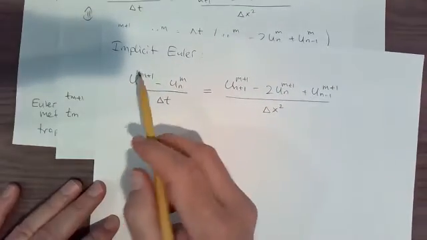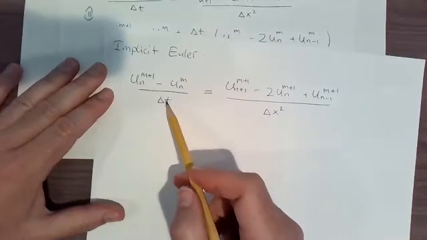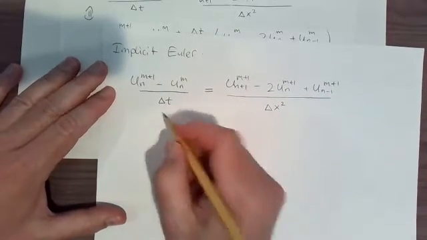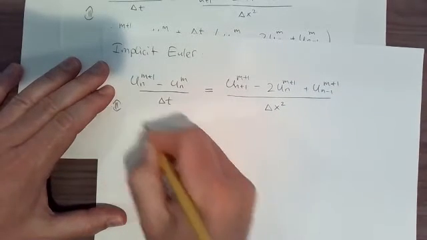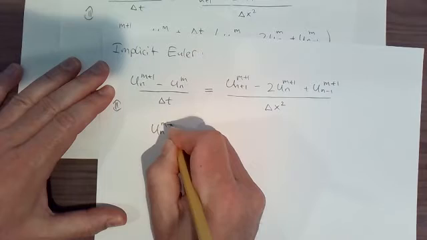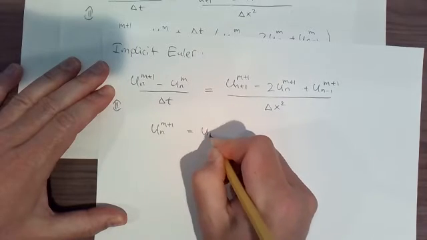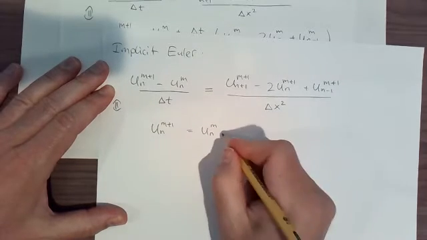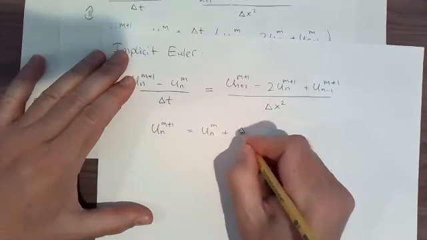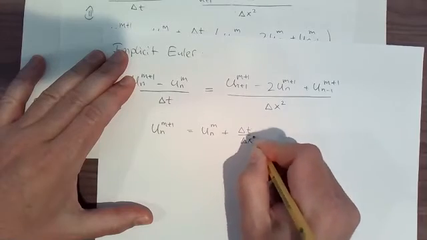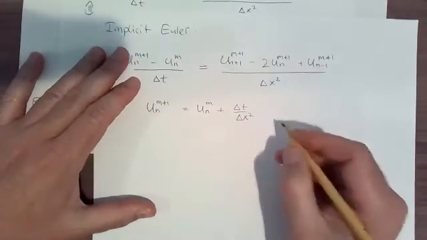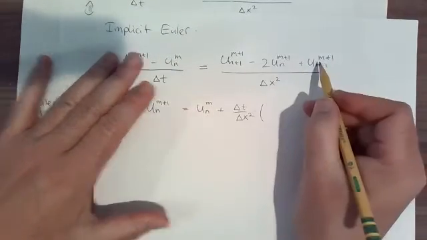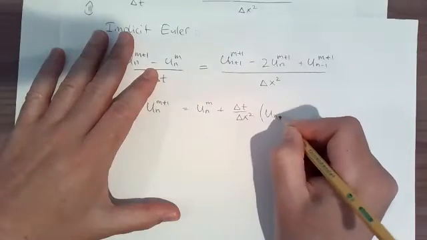And then we simplify, we move the stuff to the right-hand side, and we will get u_n^{m+1} is equal to u_n^m. So that's the same as before. We move delta t over, so we're going to get delta t over delta x squared, and then all this stuff inside a set of parentheses.